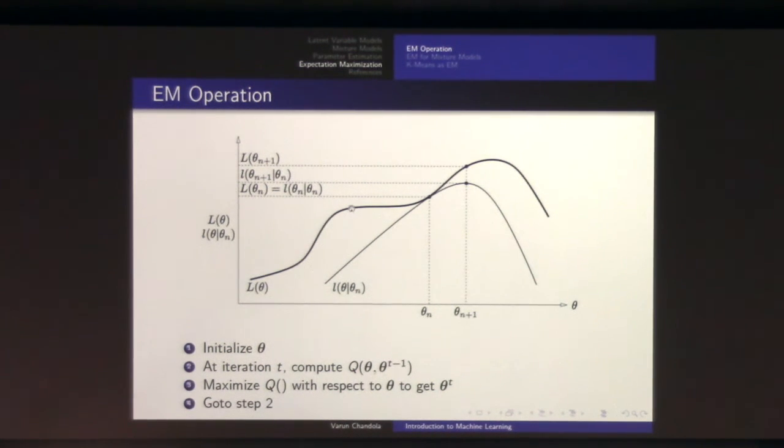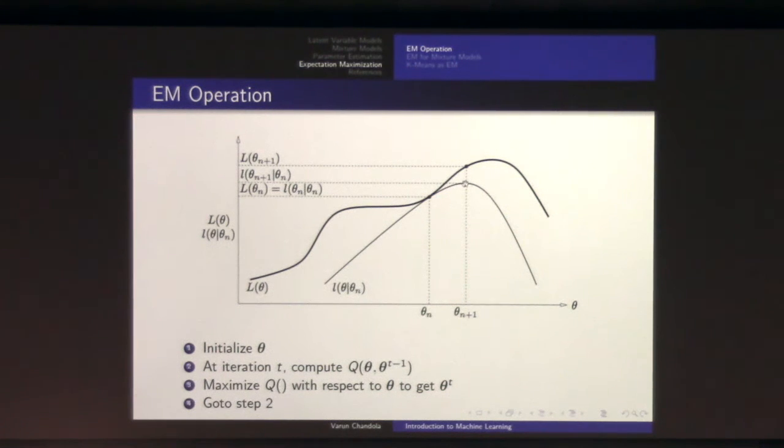So what expectation maximization does is that instead of directly trying to optimize it, it comes up with another function, Q. At any point in your iterations, you find another function which is convex at that point, and then you try to maximize that, which is easy because it is a purely convex function, so you can reach this point.